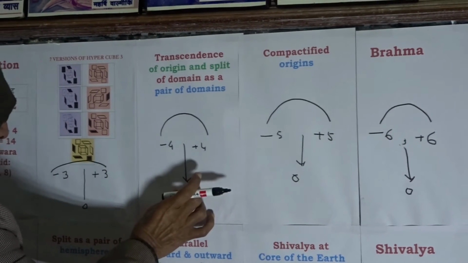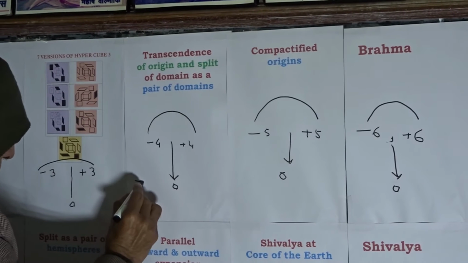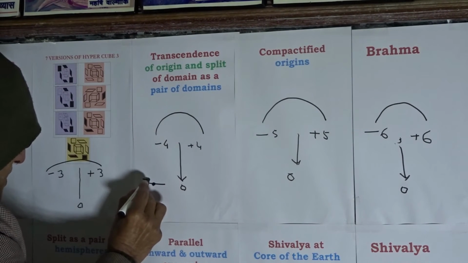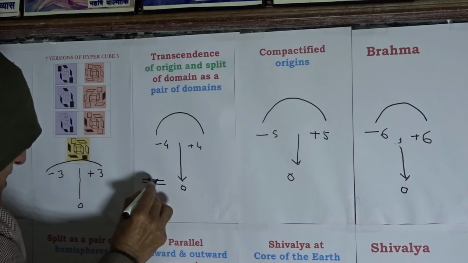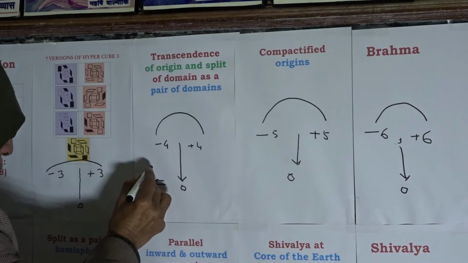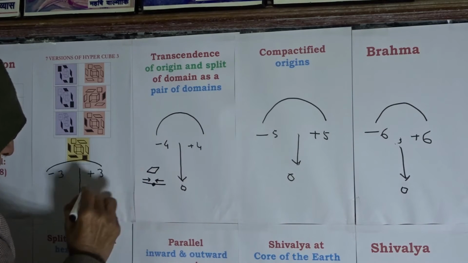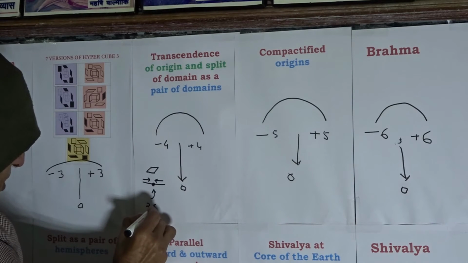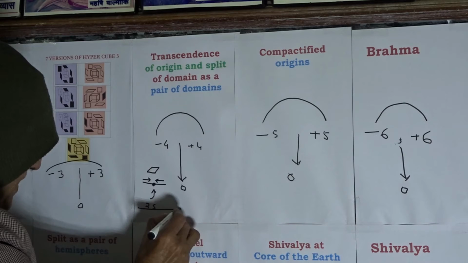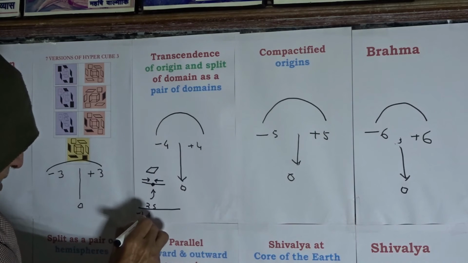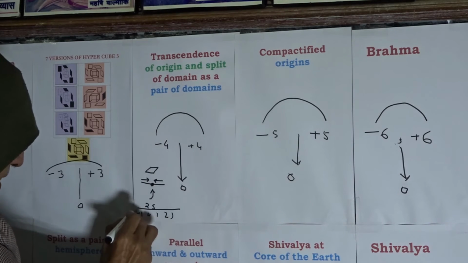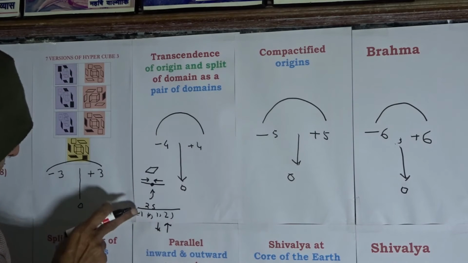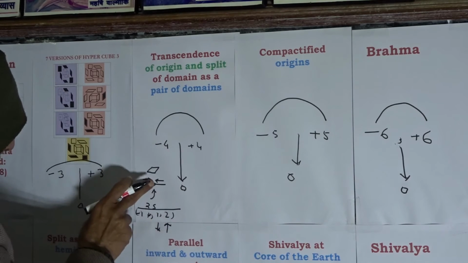Then this origin, we know that the middle point of an interval with its approach from both ends leads us to a structure of a 2 space at the center, as 2 space is playing the role of an origin of a 1 space. We know -1, 0, 1 and 2 is a 4-fold manifestation layer of hypercube 1, as 2 space plays the role of an origin of 1 space.